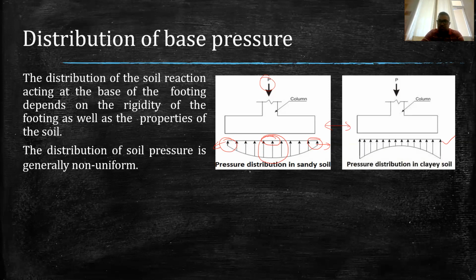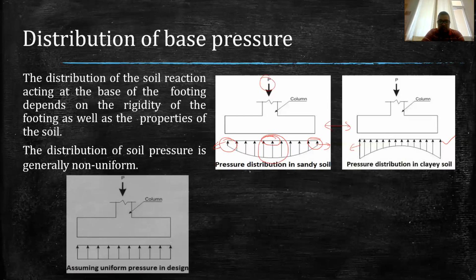Now, if we design the foundation by considering this variation of the pressure, it is very complex and very difficult to design, and it involves a lot of calculation. So for the sake of simplicity, we assume the pressure distribution as uniform, like in this case. Irrespective of the type of soil, we consider that the pressure offered by the soil against the external load will be uniform. And by considering this uniform pressure, we design the foundation.